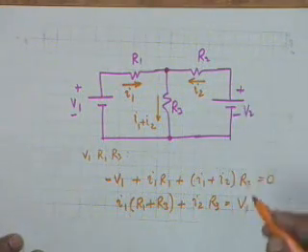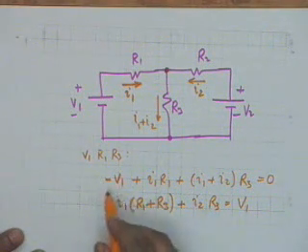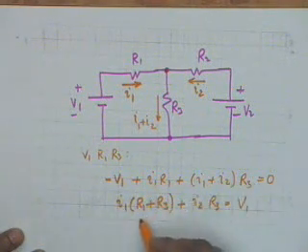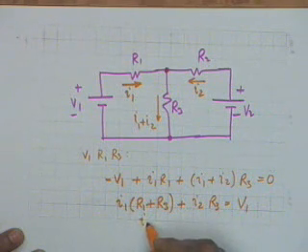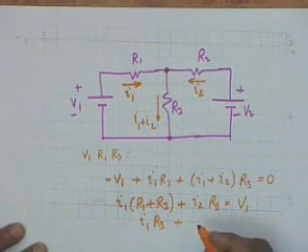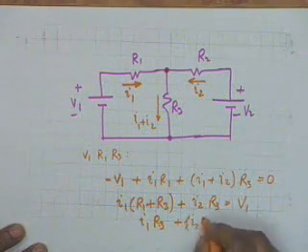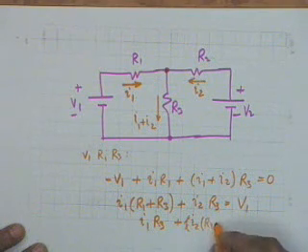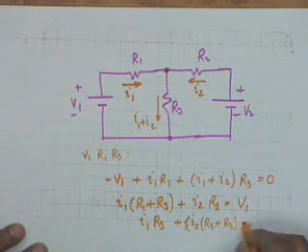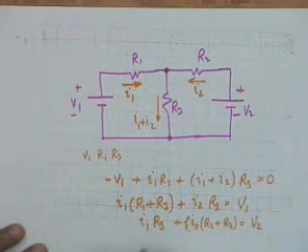In an exactly similar manner, you can see that the equation that we shall arrive at is I1 R3 plus I2 times R2 plus R3 shall be equal to V2. So these are the two equations which now we shall have to solve.